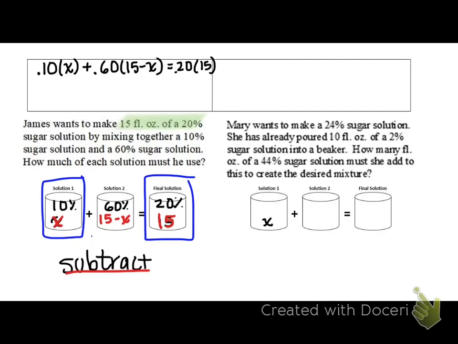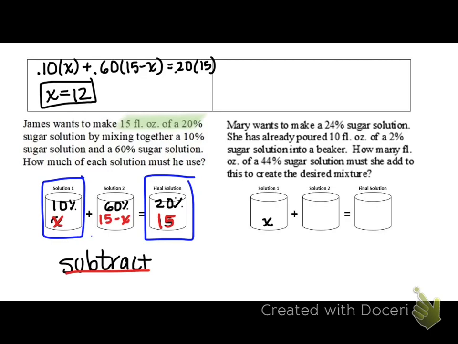If you want to just work this out, you're more than welcome to. I'll give you guys the answer for this as well. In this case, my x is going to be equal to 12. Okay.